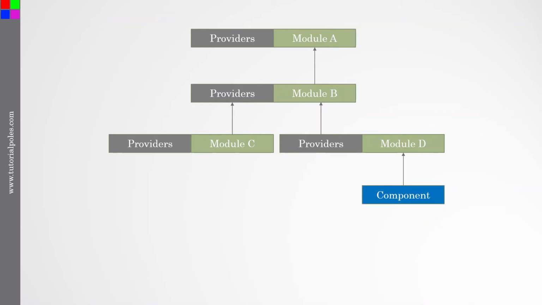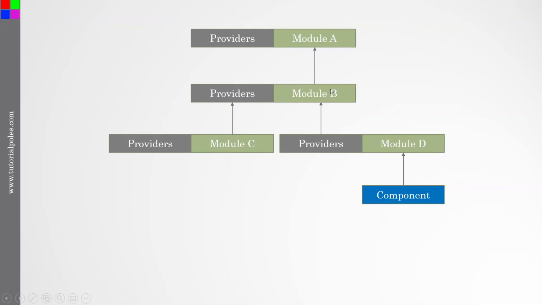Angular will resolve this service by looking into the providers of this module D first. If it finds it in module D, then it will resolve. Else, it will look into the providers of imported modules into the current module. In this example, module D is importing module B, so it will look into the providers of module B.